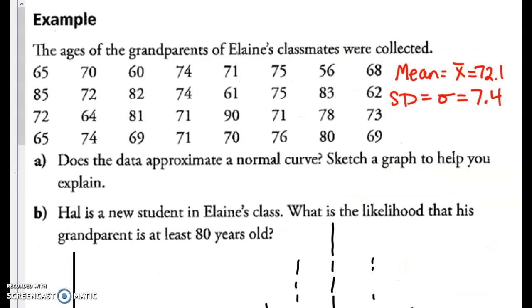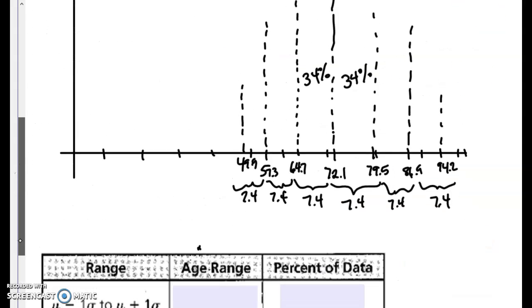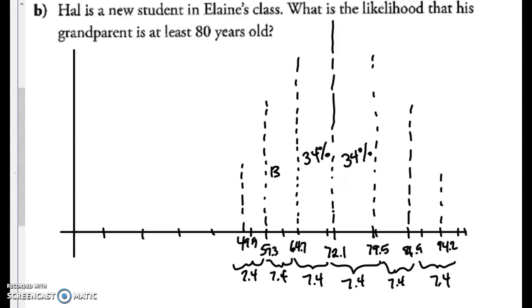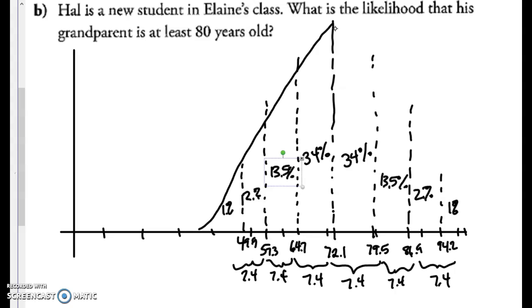13.5 percent here, and 13.5%. Right, I forgot the 2 point something percent. And I think this is 0.1%. So our bell curve should go like this, generally.